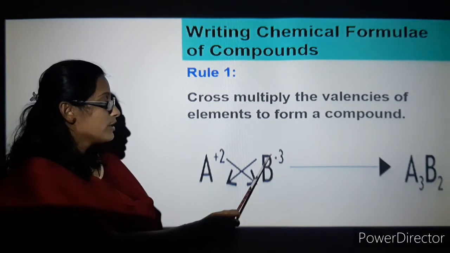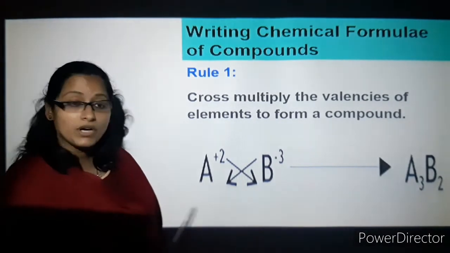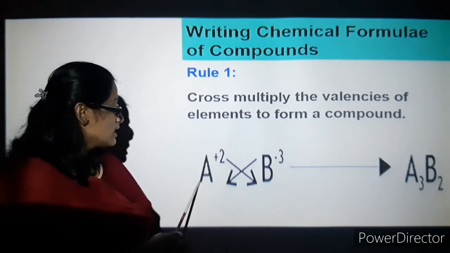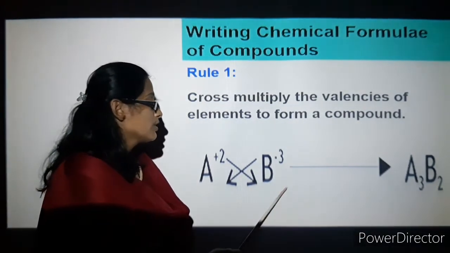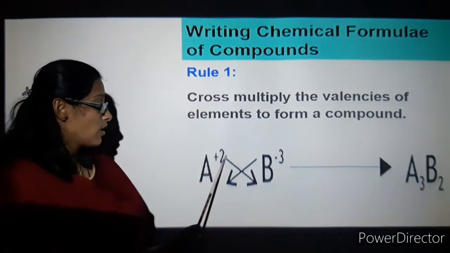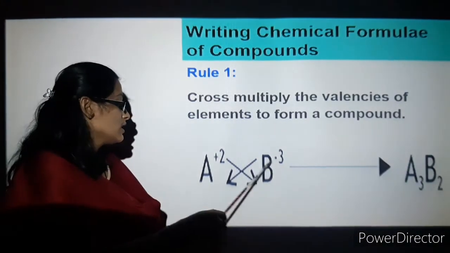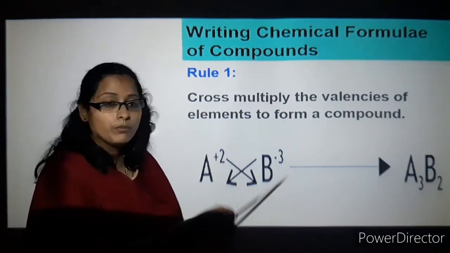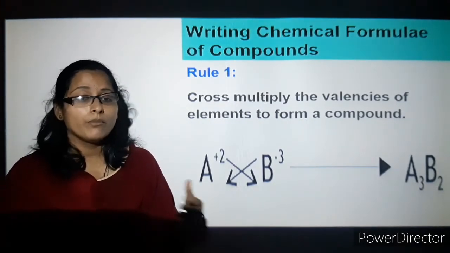You will not write the charges again, you will just write the numbers down as subscripts. So you can see that it gives rise to A3B2, rather than A2B3, because you have cross multiplied it. B's valency goes to A, and A's valency goes to B. So it's so simple to write your chemical formula.